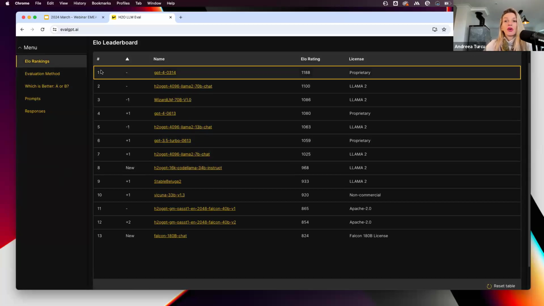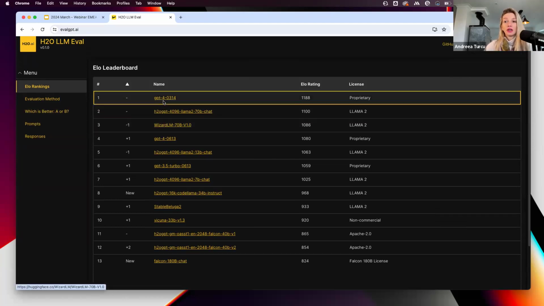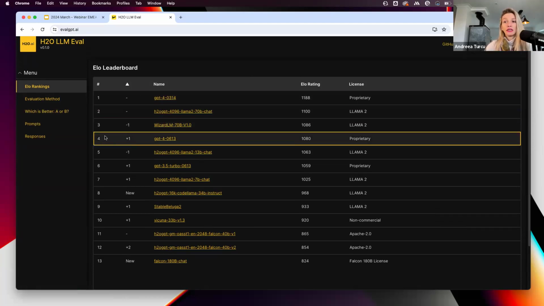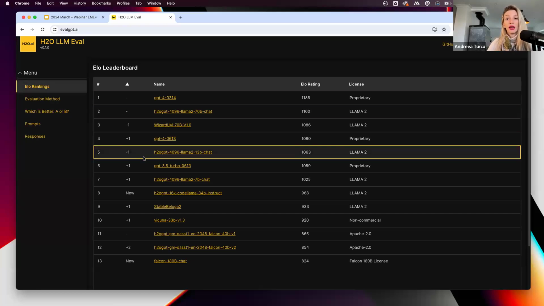And so if I go back on ELO rankings, to ensure fairness, the order of potential models is being randomized, and the positions of models A and B are shuffled before evaluation by GPT-4. And so this sets up a competitive scenario among all models on the leaderboard.